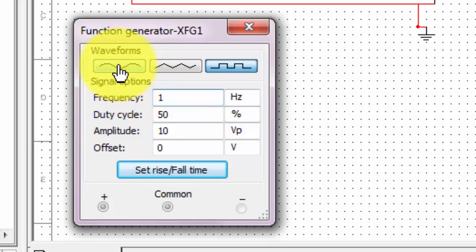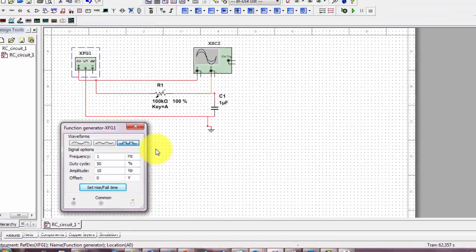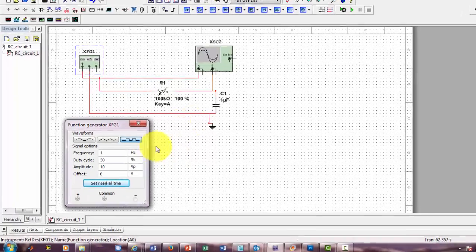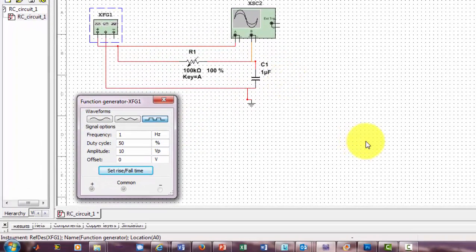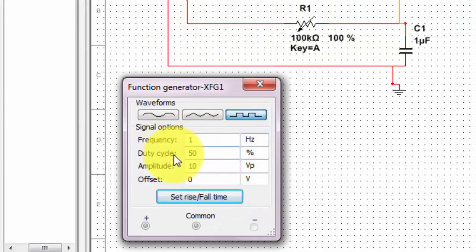And you can choose a sine, a triangle, or a square wave. We're going to use a square wave to show that the capacitor is going to be charged and then discharged with the square wave. This has a frequency of 1 Hertz. It has a 50% duty cycle.